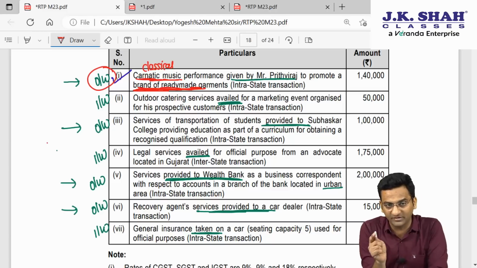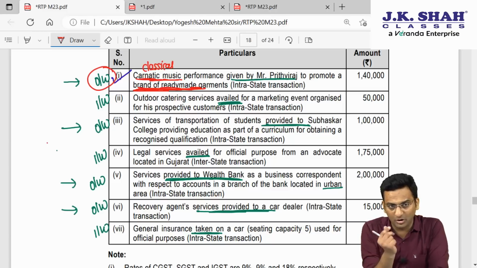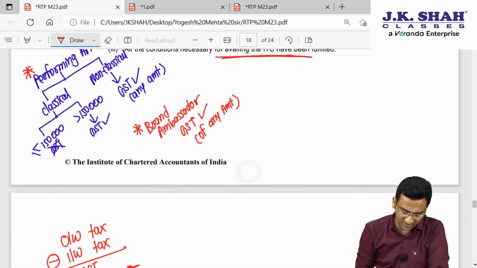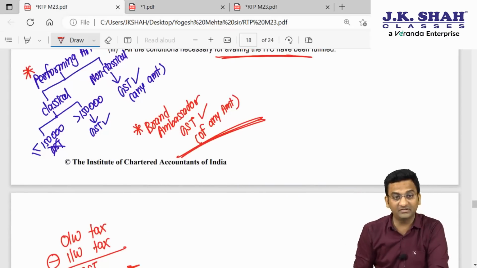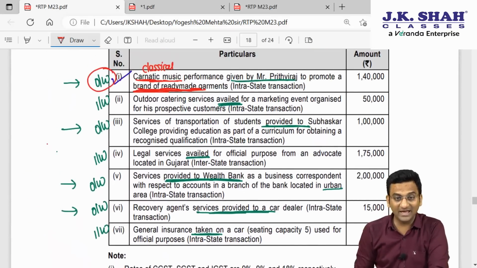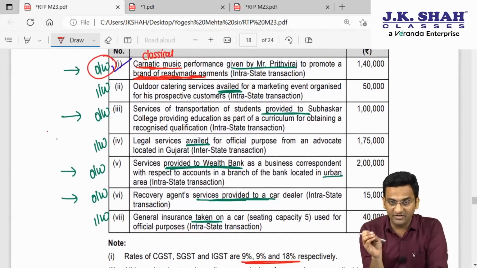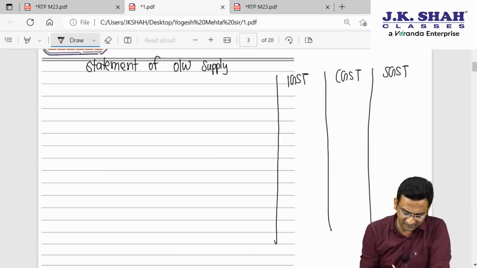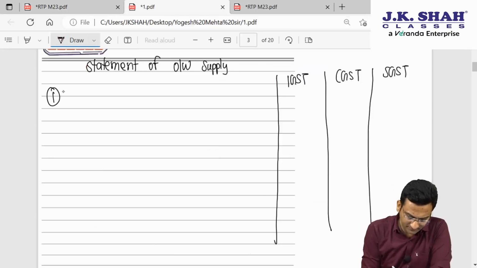Yes, it will be taxable, because he is promoting this brand, which means he is working as a brand ambassador. So first transaction, Carnatic music performance.